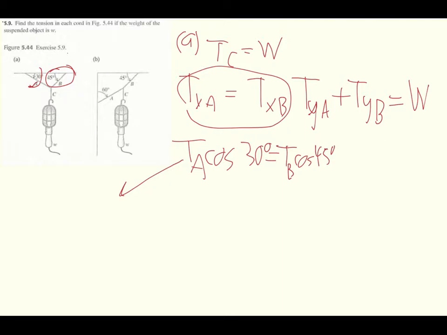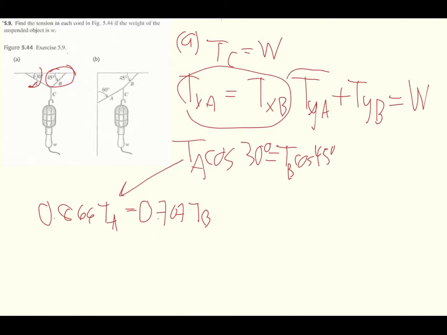So cosine of 30 is root 3 over 2, so it's going to be 0.866 T_A. Cosine of 45 is root 2 over 2, or 0.707 T_B.